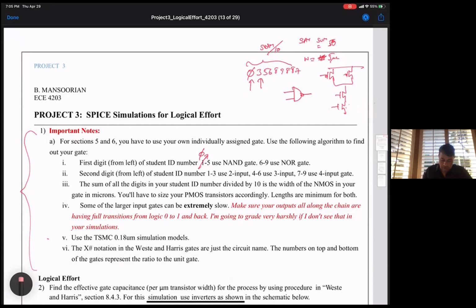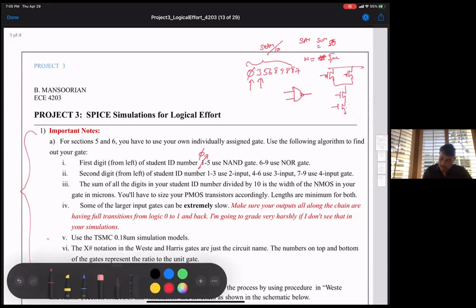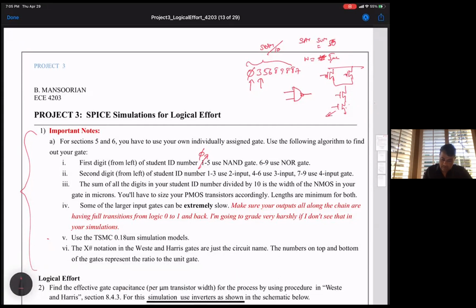So the width is 5 micron and the length is 0.18 micron. And you would want to make this guy twice that, so the width of that guy is 10 micron and the length 0.18 micron.